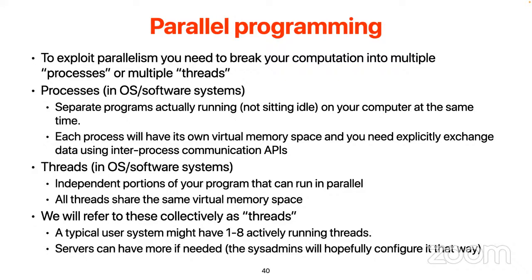And the other way is using threads. Threads are an abstraction supported by recent operating systems in a way that, under the abstraction of the process, which is a running program, you can actually spawn a few threads, and each thread is essentially an invocation of a function within the same program.